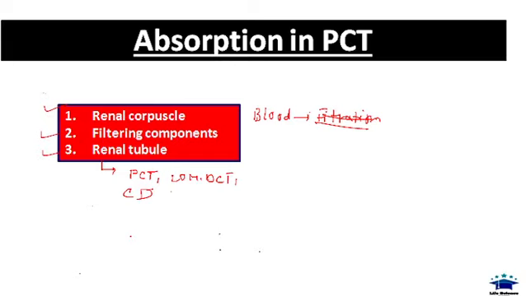The collecting duct is responsible for the final reabsorption of water and storing urine.